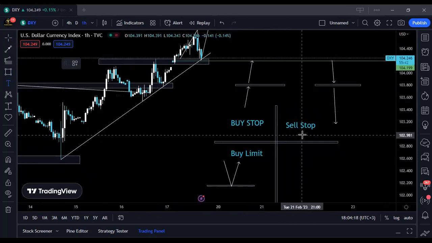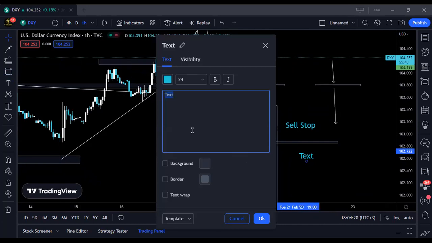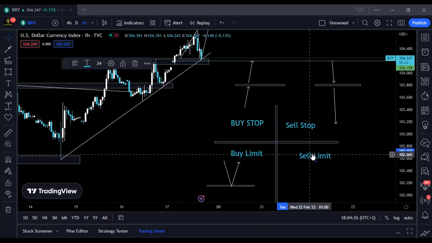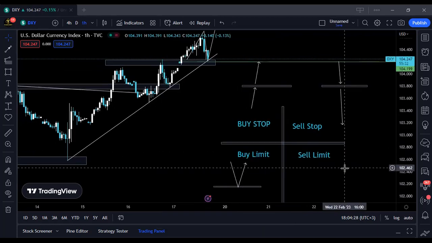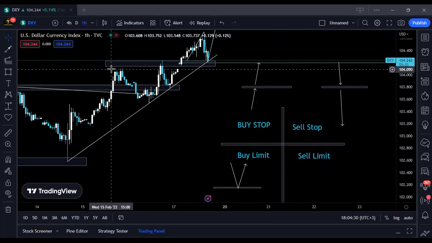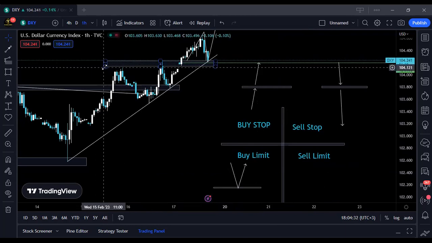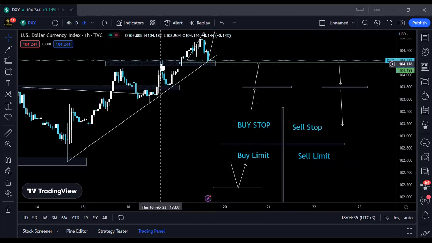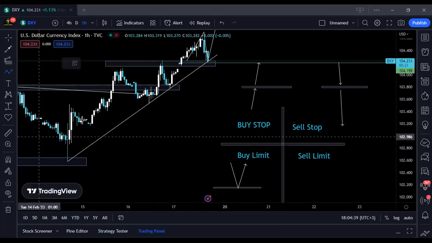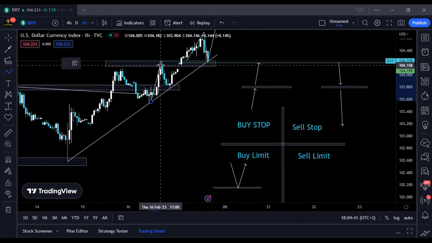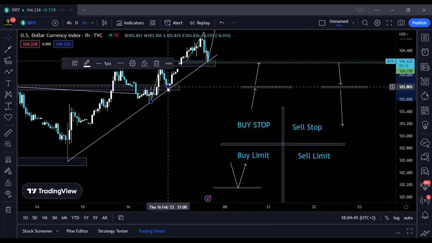So you also have the other type, which is the opposite of that, which is the sell limit. So for instance, you saw this structure here a while ago before prices reached here, and you are like, okay, cool. So prices now are going higher, but once they reach here, I believe maybe they'll give a small retracement until here.